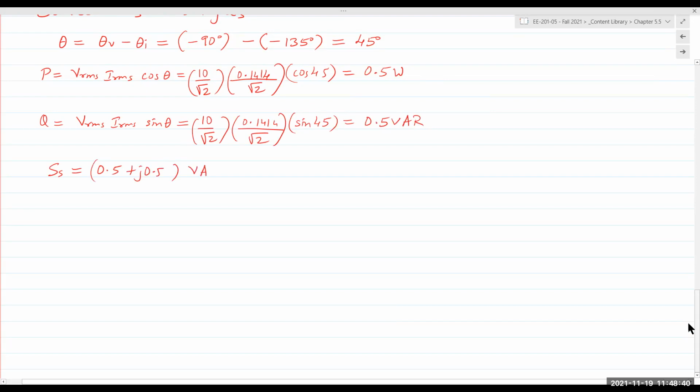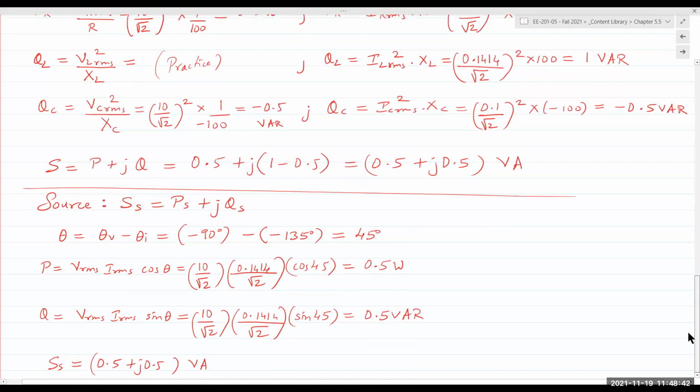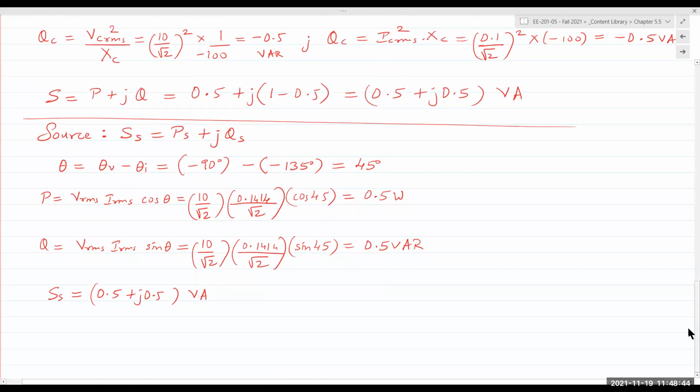The exact same answer that we obtained earlier. No different. 0.5 plus J 0.5, 0.5 plus J 0.5.